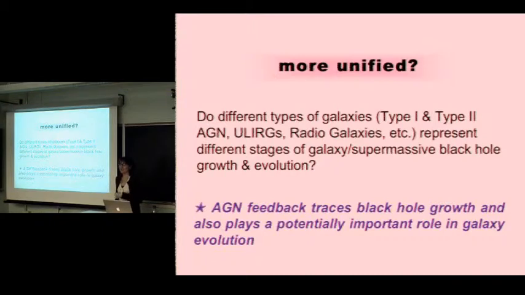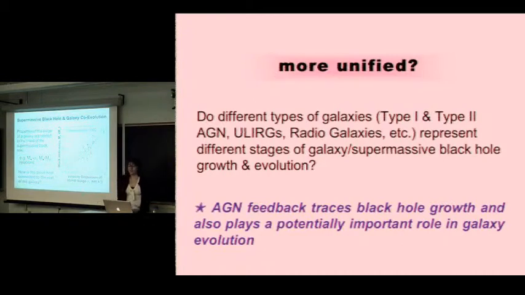So the AGN is telling you what's going on in the galaxy at different times. So AGN feedback not only traces black hole growth, if AGN are driven by accreting supermassive black holes, but it also plays a potentially important role in galaxy evolution as well.